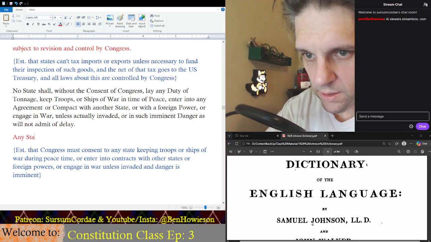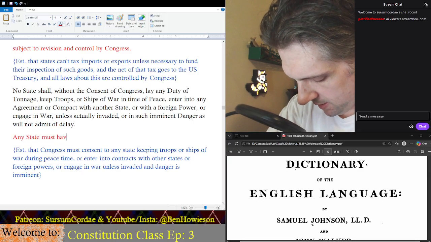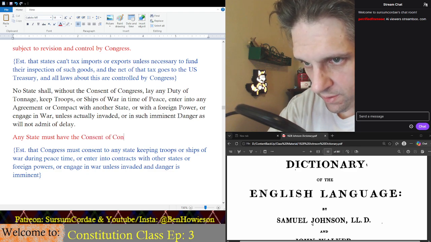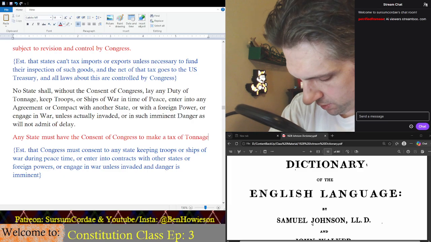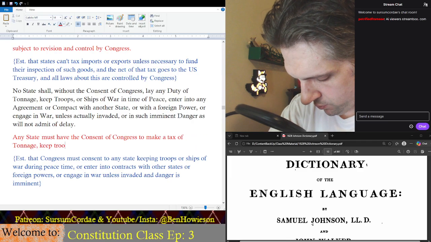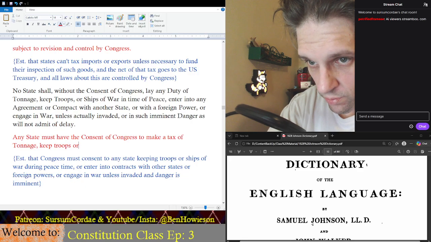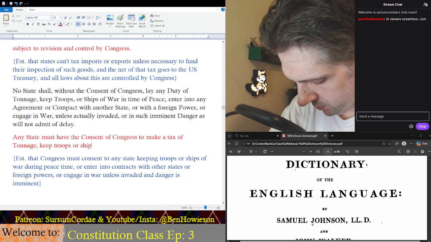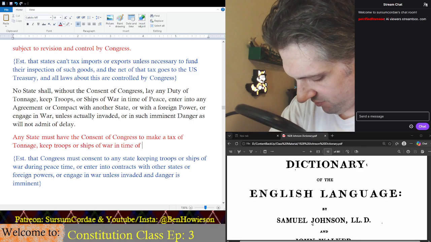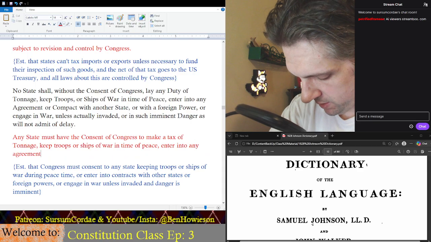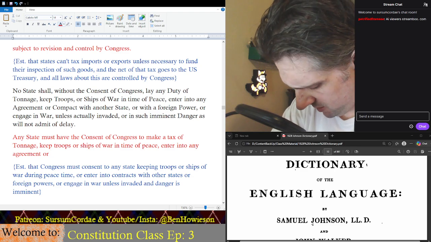Any state must have the consent of Congress to make a tax of tonnage, keep troops or ships of war in time of peace, enter into any agreement or compact.